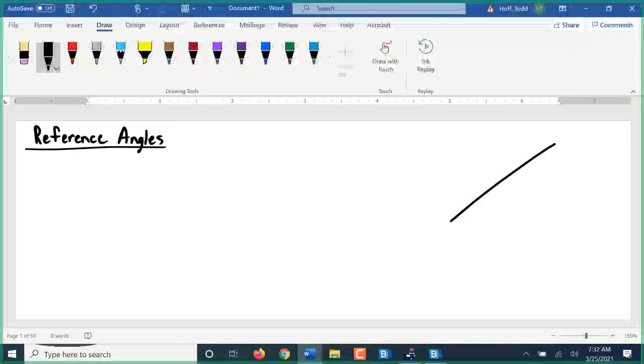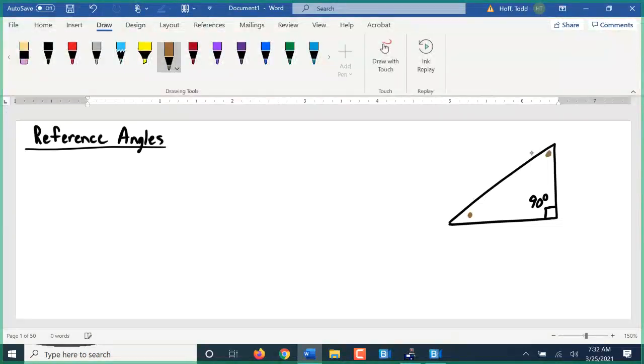You know, we fall into a rut doing right triangle trig, because in a right triangle, obviously our right angle is 90 degrees, and since the triangle has to add up to 180, each of these other two angles has to be smaller than 90 degrees.